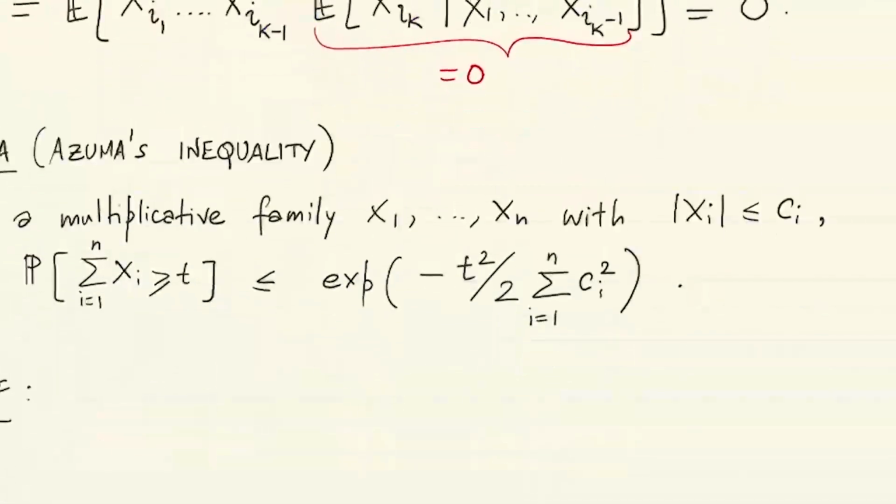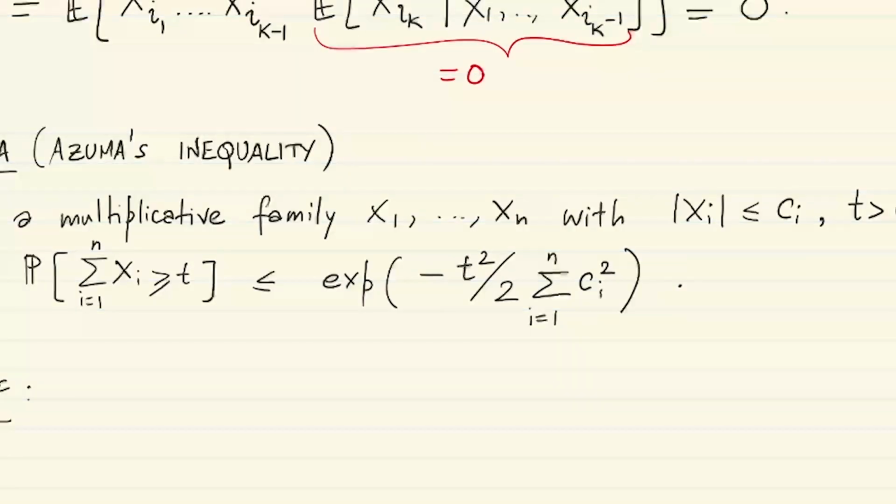With this, let's move on to Azuma's inequality. Azuma's inequality says the following: if you have a multiplicative family of random variables X1 through Xn, with each of them being bounded absolutely by the number ci for every i, then the probability that their sum deviates larger than the positive number t, where t is greater than 0, is at most e raised to minus t squared by 2 times the sum of i equal to 1 to n of ci squared.